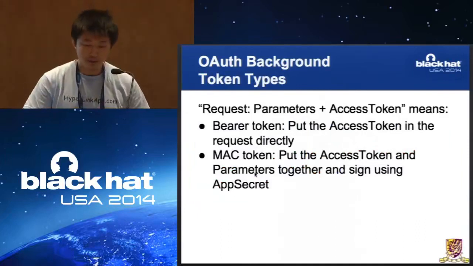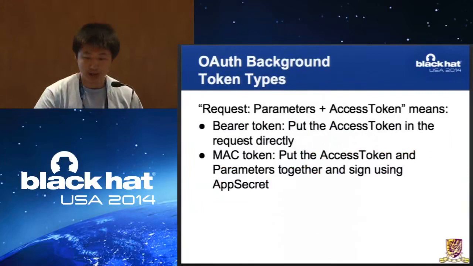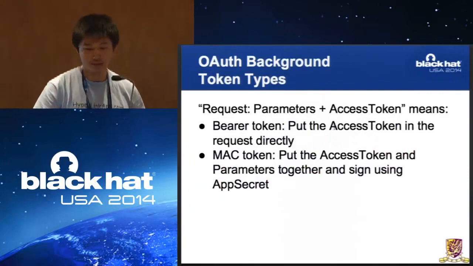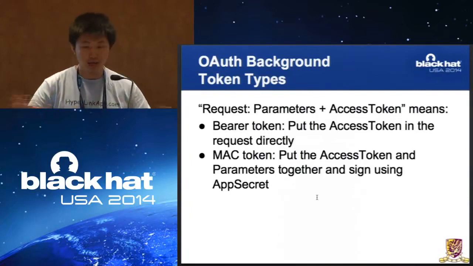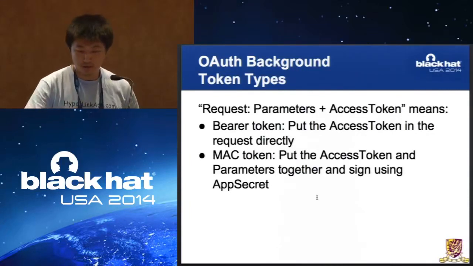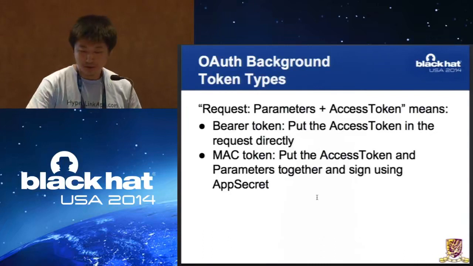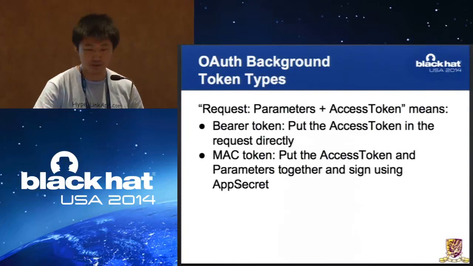During the request, the access token can be used in a bearer token style, that is to put the access token in the request directly somehow, or used in MAC token style, that is put the access token together with the parameters and do some signature on the canonical string. Of course, with the app secret. So you see that the flavor of MAC token involves the app secret. So this is the preferred use.